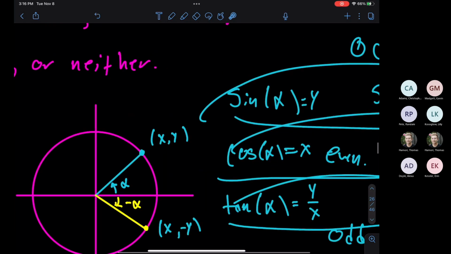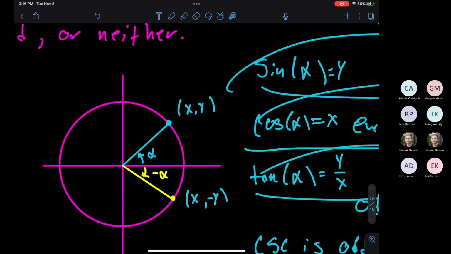So why is sine odd? Because if you take the input and you switch it from positive to negative, what happens to the y-coordinate of the point? It goes from being positive to being the same number but negative. So opposite input gives us opposite output.